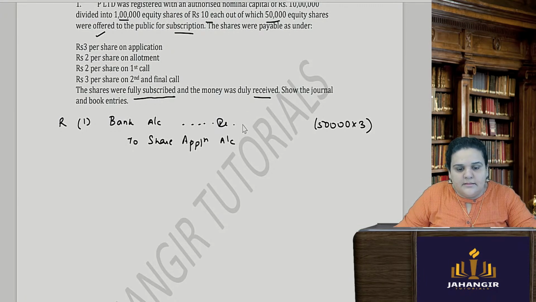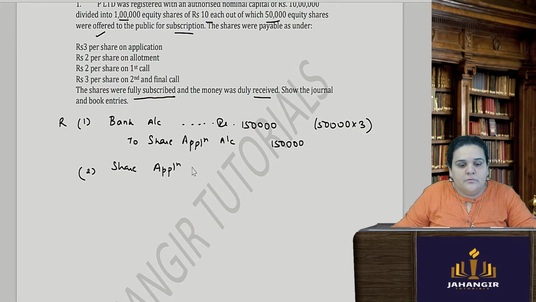There is no calls in arrears, there is no share forfeiture, there is no securities premium, nothing is there. And then second, you will do share application to equity share capital. This will be your transfer entry.